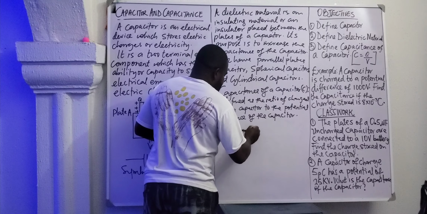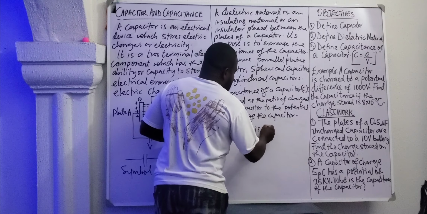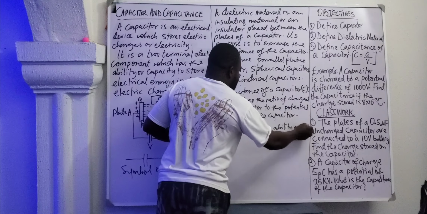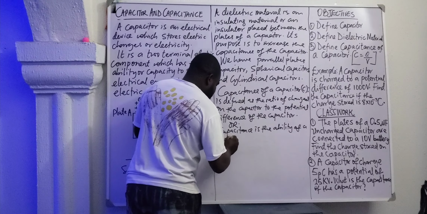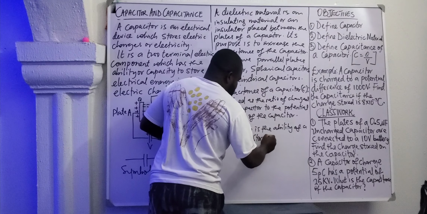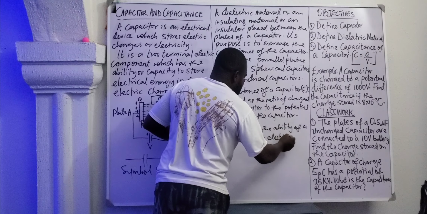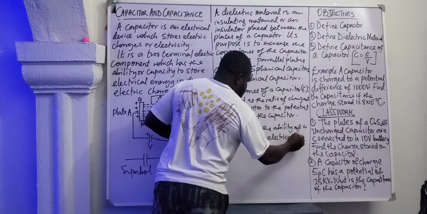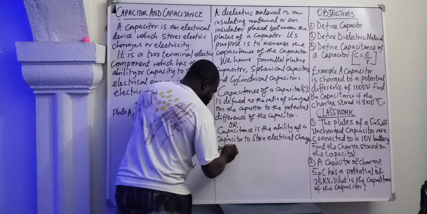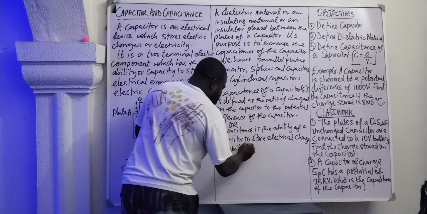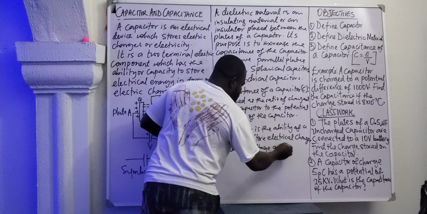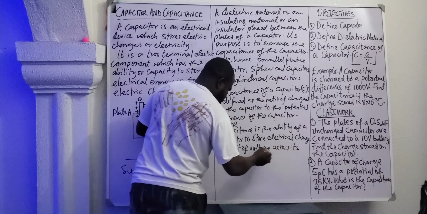Now, we can also define it as: capacitance is the ability of a capacitor to store electric charges per unit of voltage across its plate.